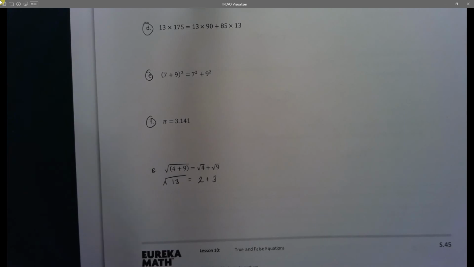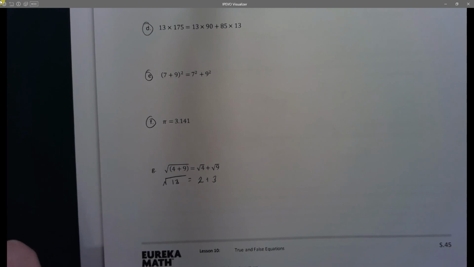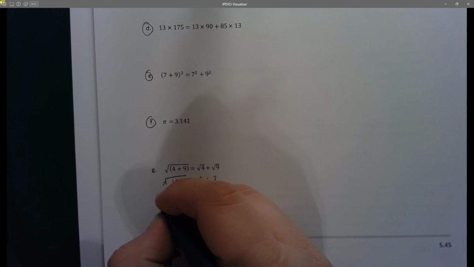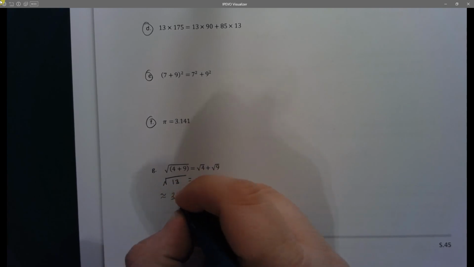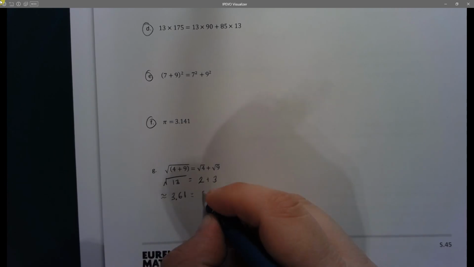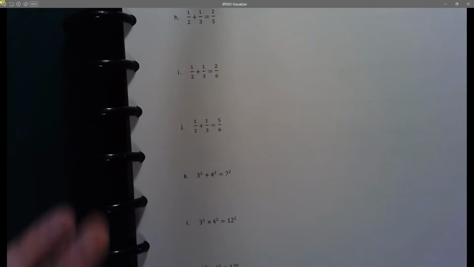The square root of 13 equals approximately 3.61. And that does not equal 5. This is a false statement. Easy enough, right? You're just verifying whether or not both sides are equal to each other.